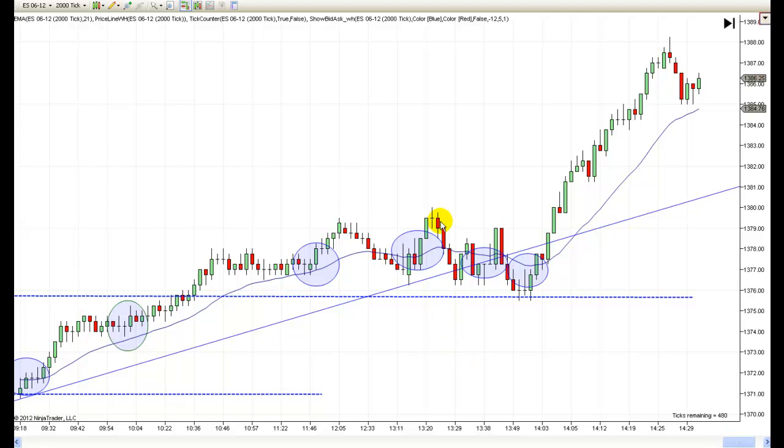There's one leg pulled back, and there was your second leg, so that makes this a second entry long. And I like that trade just simply because it was a second entry long at the trend line. And you see it worked. It only worked for that, but then we got the true second leg down, and then it was off to the races.